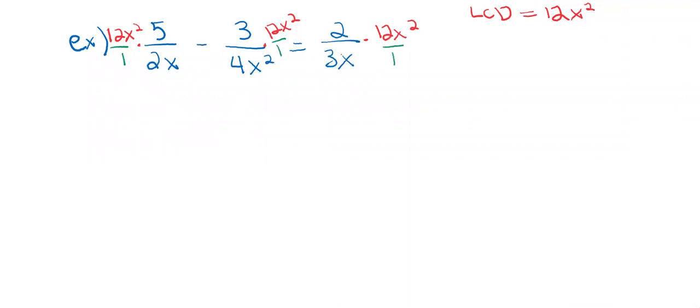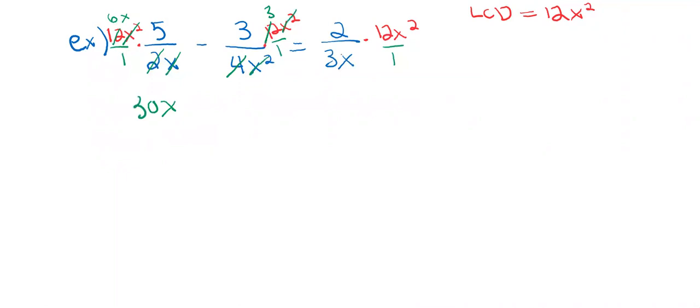In other words, 2 goes into 12 6 times, and x goes into x squared and leaves me with an x. So I'm going to take that remaining result, 6x, and times it by 5, which will give me 30x. For the second denominator, 4 goes into 12 3 times. And in this case, the x squareds completely cancel.